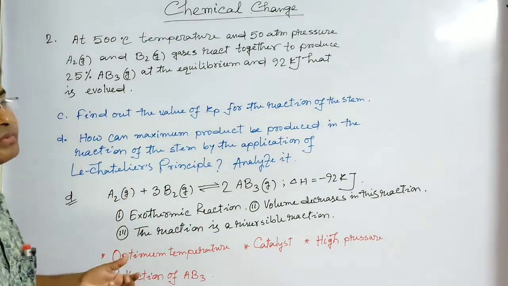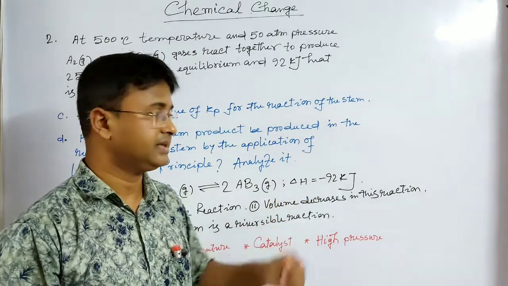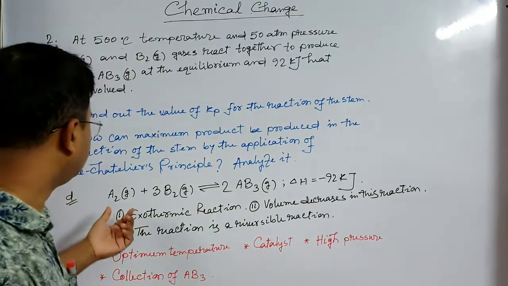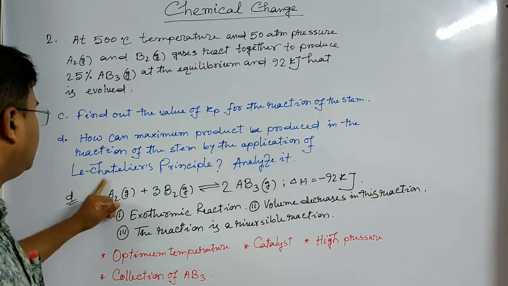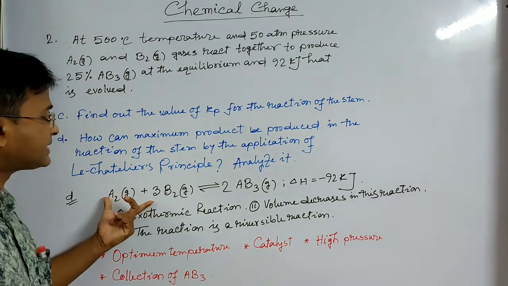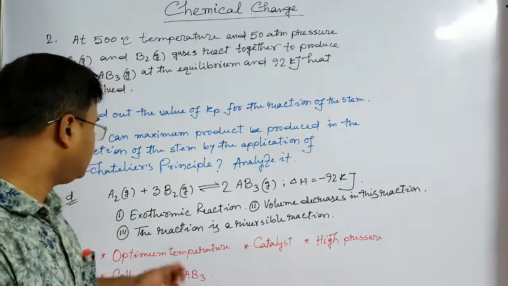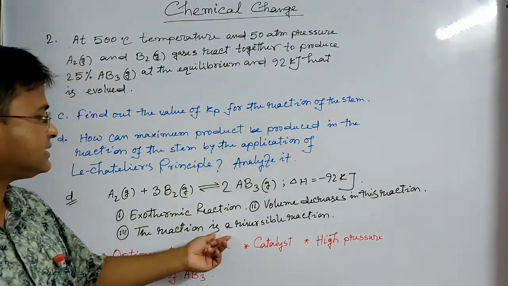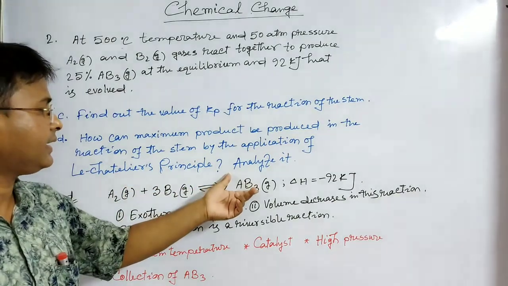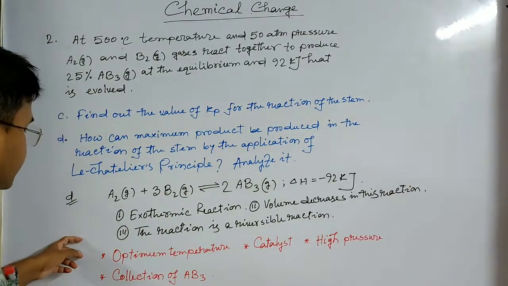This is an exothermic reaction, as the value of delta H is negative, and the volume decreases in this reaction because there are 1 plus 3, 4 volumes of reactants, but after reaction it becomes 2 volume. The reaction is a reversible reaction. This reaction occurs forward and simultaneously backward reaction also occurs.